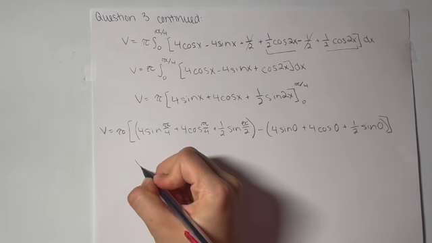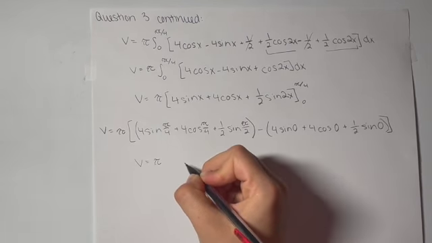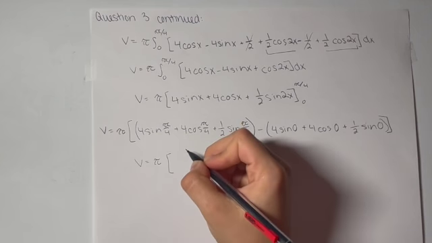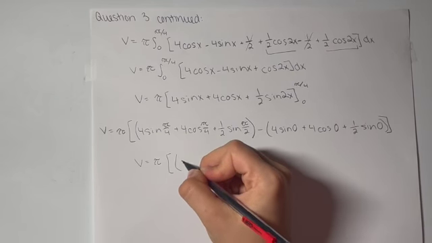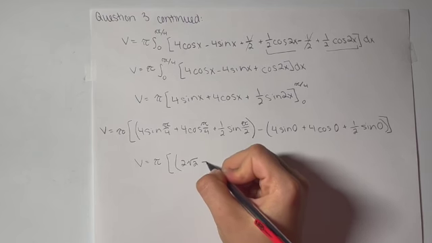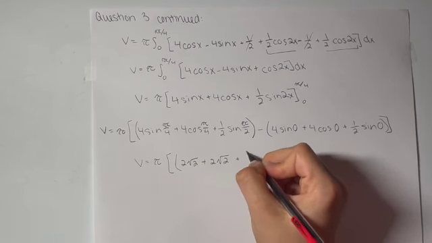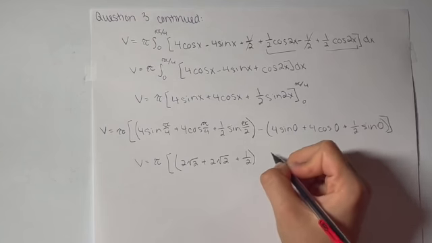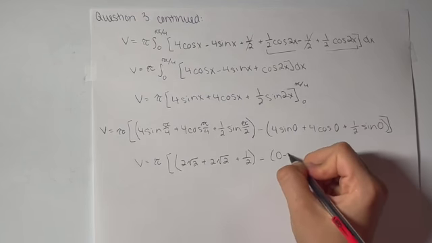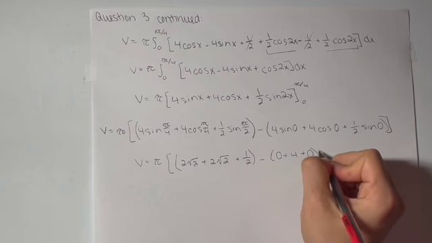Getting the value of these, we get V is equal to pi times (2 square root of 2 plus 2 square root of 2 plus 1/2) minus (0 plus 4 plus 0).